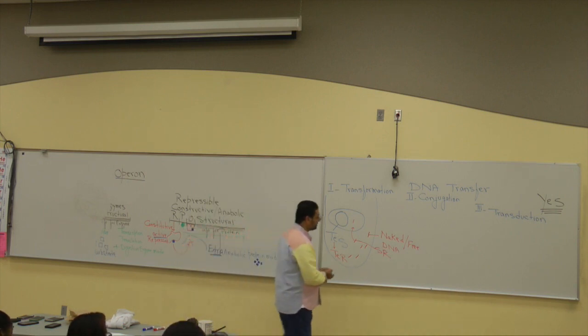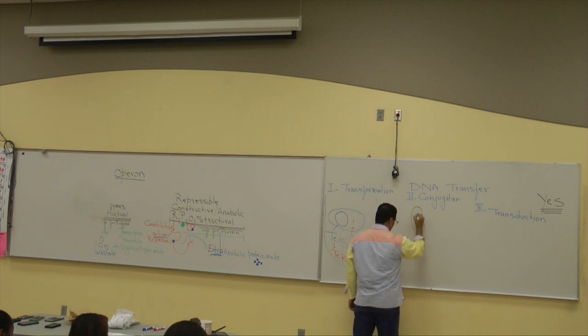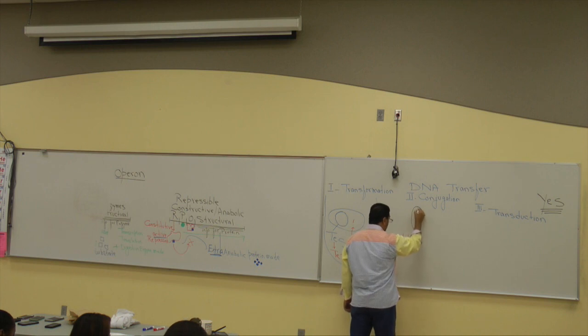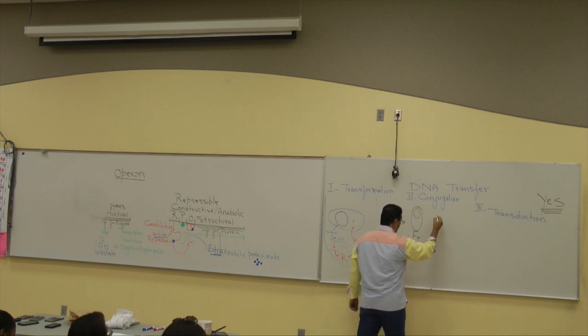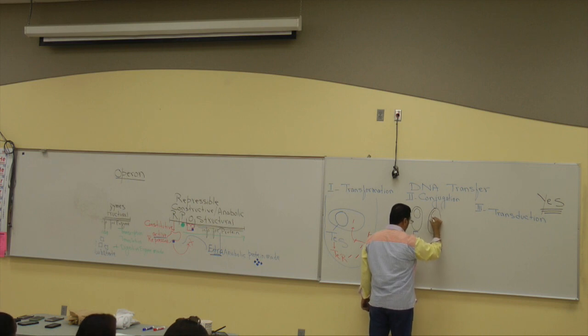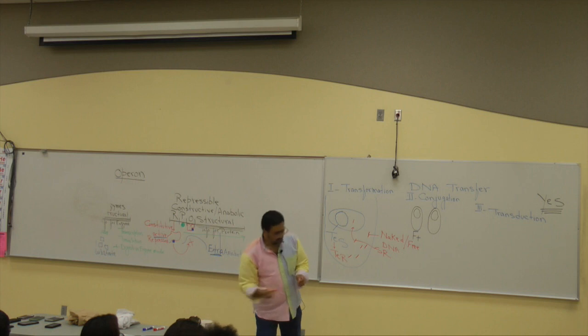Conjugation can take place between two types of male and female bacteria. One, it can take place between male F positive and F negative. You have already learned this in chapter 4.